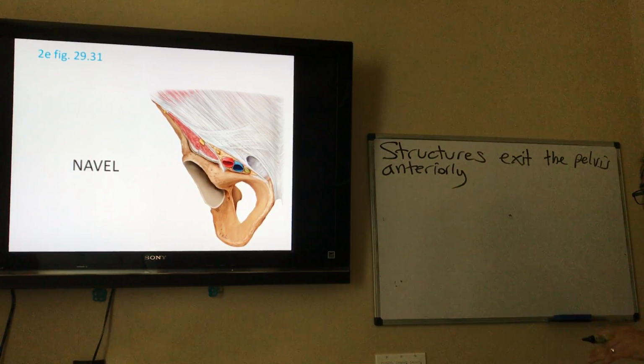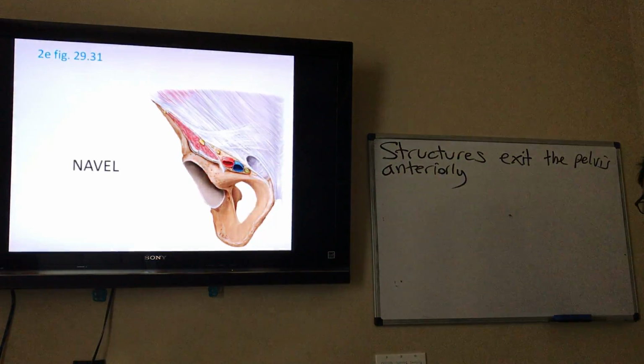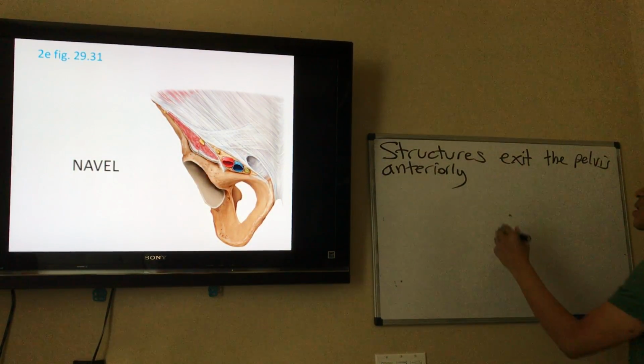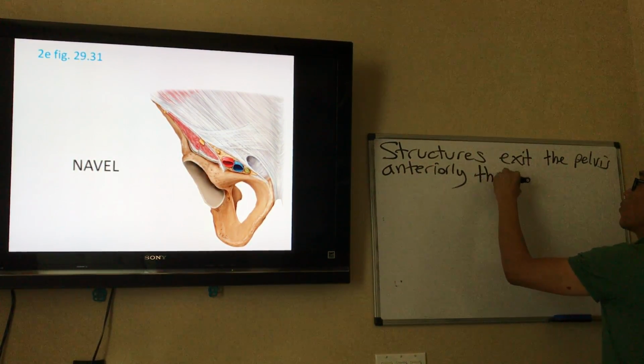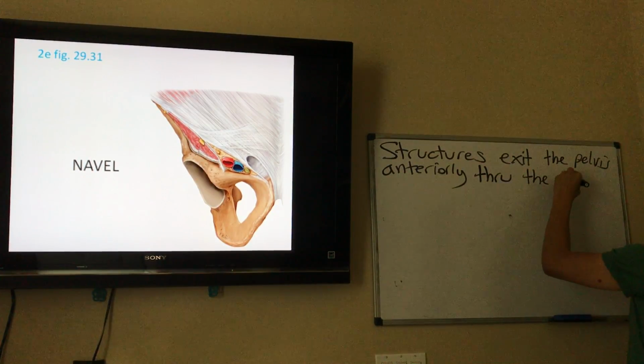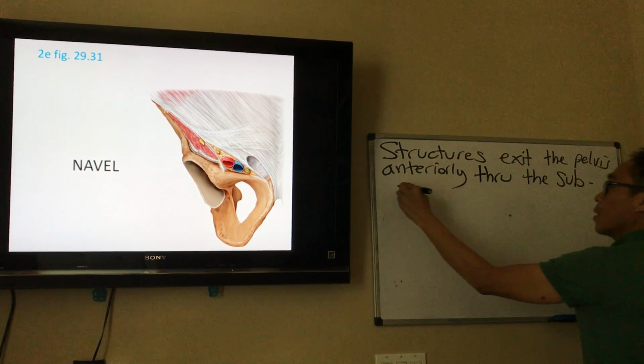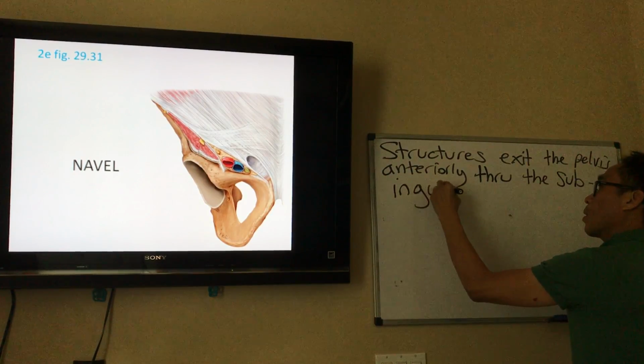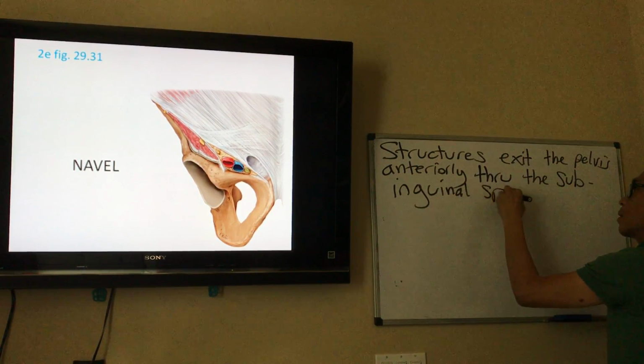Basically, it's a space underneath, inferior to, the inguinal ligament.